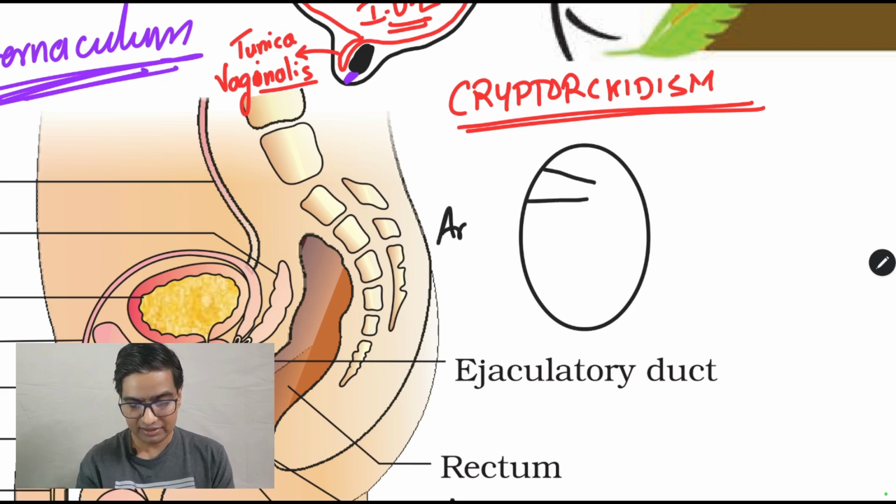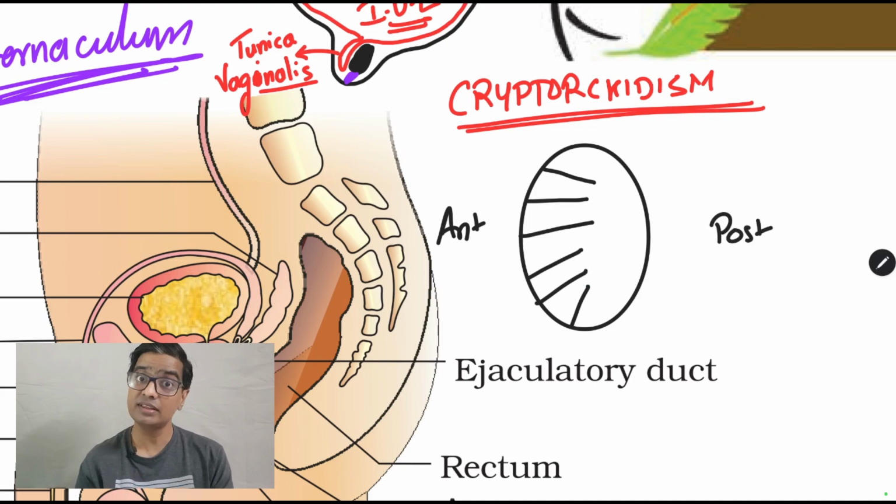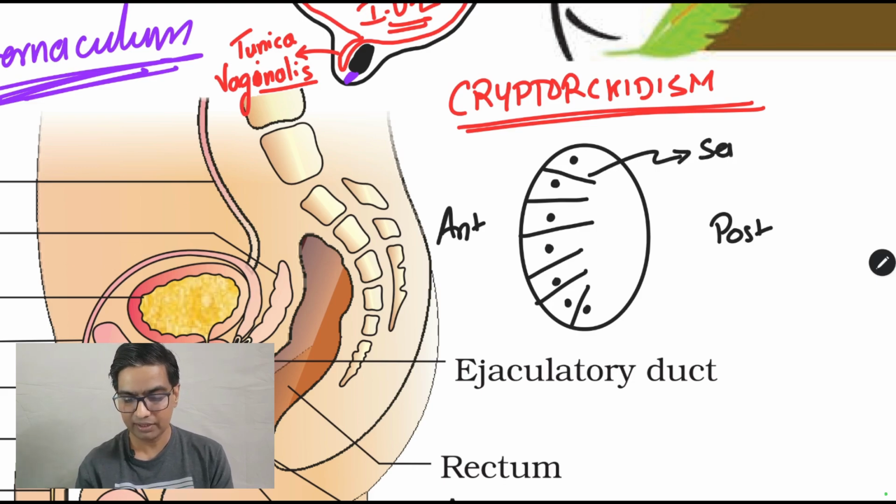From the anterior to the posterior side it sends out fibrous septa, and these septa divide the testes into partitions called lobules. Between two septa, this space is called the lobule.